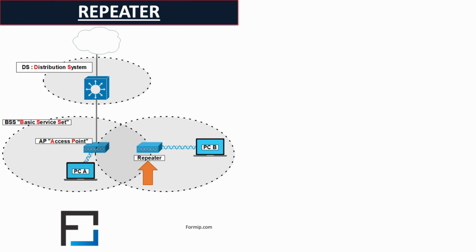If the repeater has only one transmitter and receiver, it must operate on the same channel as the AP it is using. The problem is that in this configuration, it is possible that the signal from the AP is received and retransmitted by the repeater, and then received again by the AP. This reduces the throughput by half, because the channel will be occupied twice as much.